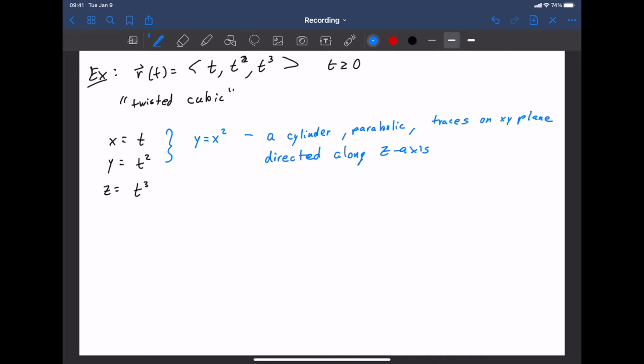So, this is a surface we're familiar with. This is what I mean when I say that direction. We want to get a surface we're familiar with as opposed to something like y z equals x cubed. It might be harder to draw. I'm going to try to draw the cylinder. Do my best to draw it.